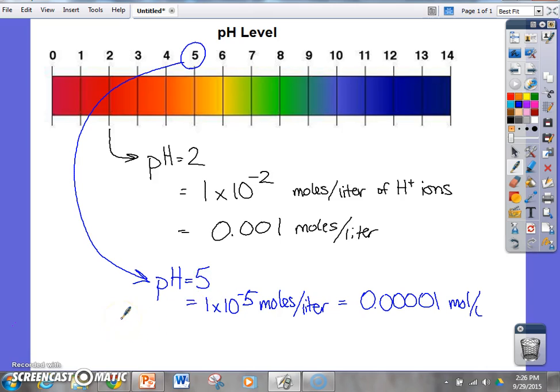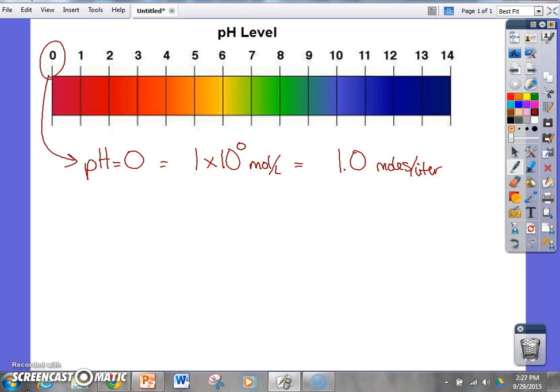The other question is, why does it start at 0 and end at 14? Well, it starts at 0 because a pH of 0 is equivalent to 1 times 10 to the 0 power moles per liter. 1 times 10 to the 0 is equal to 1.0 moles per liter, so this is basically 100% hydrogen ions.